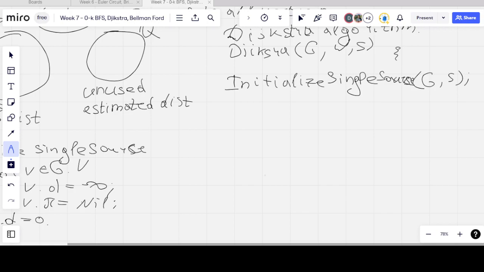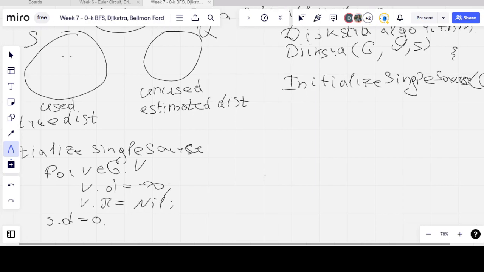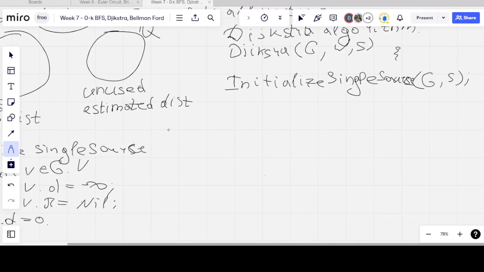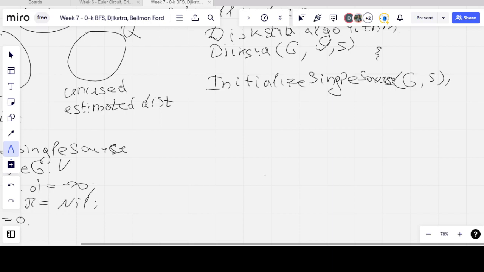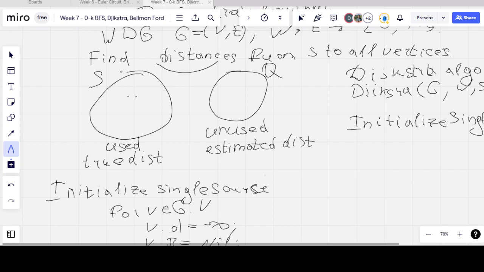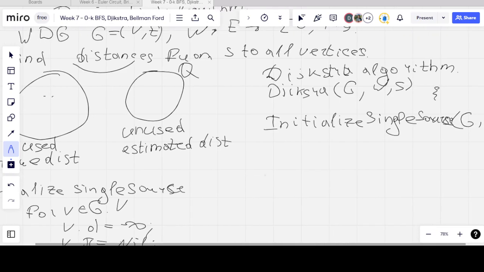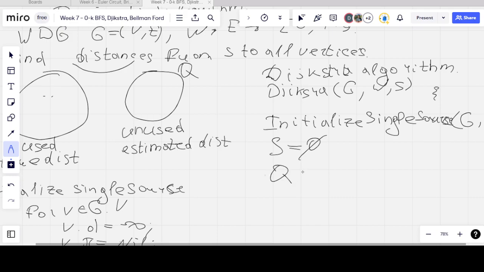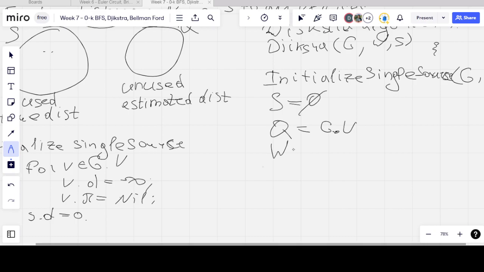After that we consider two sets. We initialize S as empty, and Q we initialize as G.V. It's a very simple algorithm.